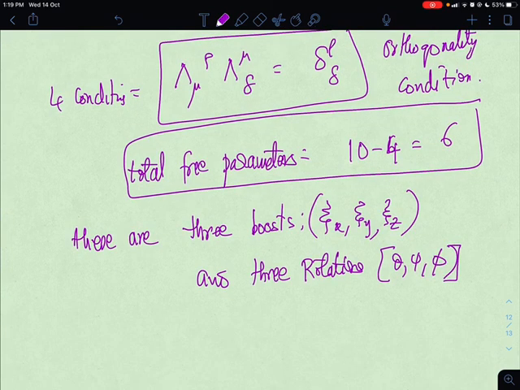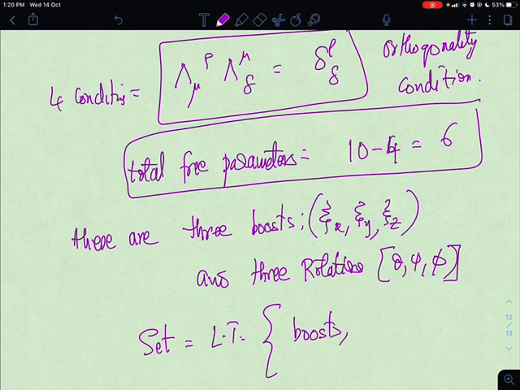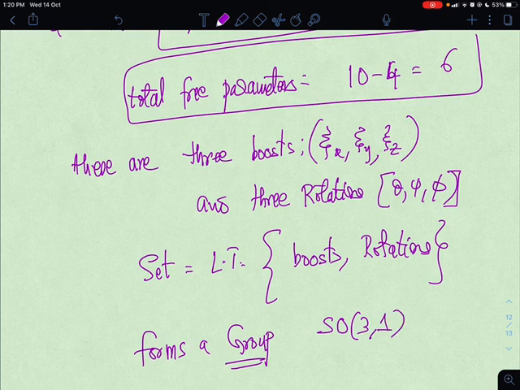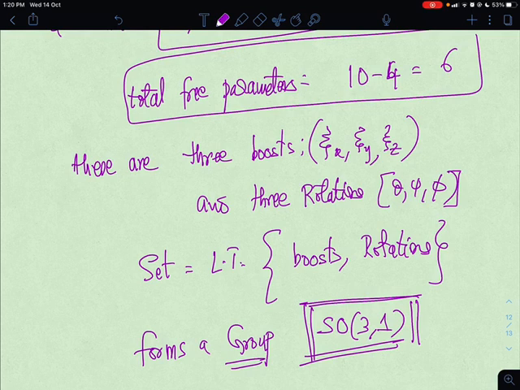So the complete set including boosts and rotations is a continuous set. Boosts plus rotations, this set forms a group. That means it satisfies the properties which I mentioned earlier, and this group has a name, which is called SO(3,1).